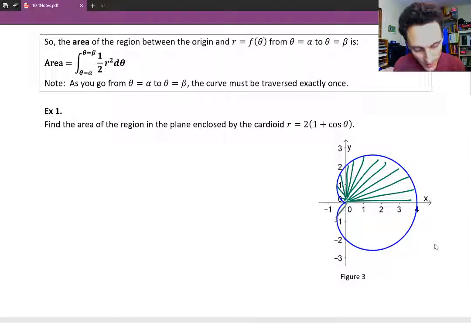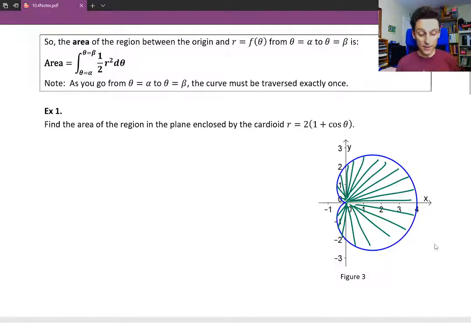That will get you in the habit of thinking that your area is calculated from the origin out to the polar curve. Now it's still the same region, but we're just thinking about computing the area in a different way.